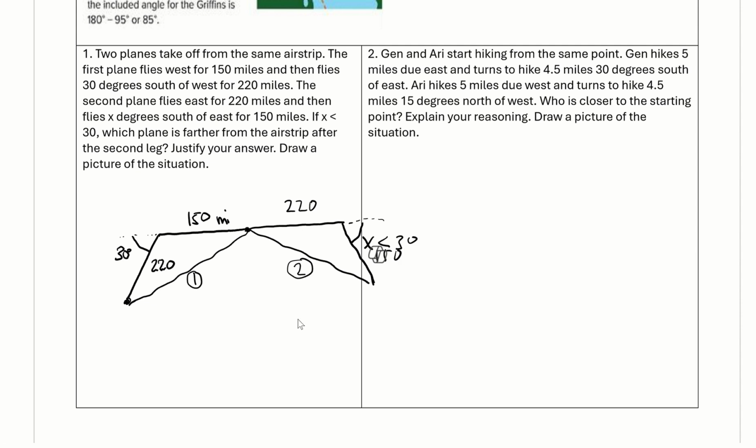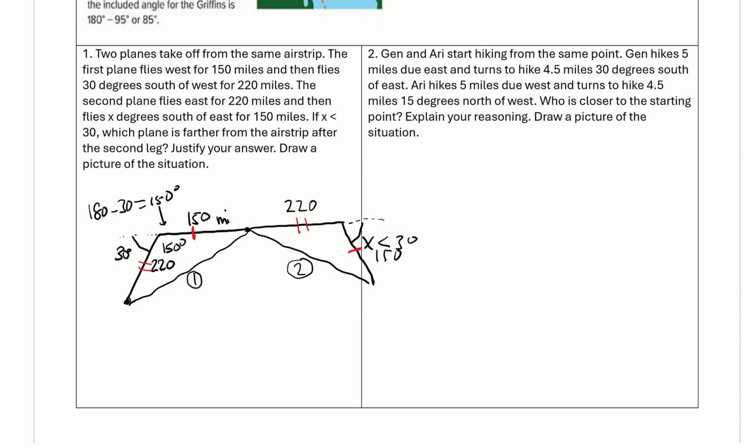Well, first off, we know that this leg is congruent to this one, and this one is congruent to this one right here. So we're looking at these angles. To get this angle, we know it is 150, because if this is 30, this is 180 minus 30.